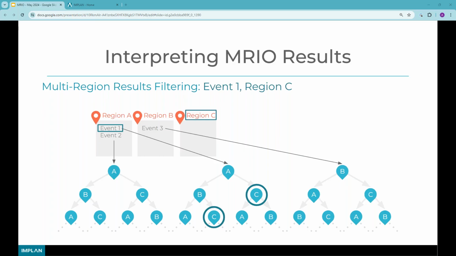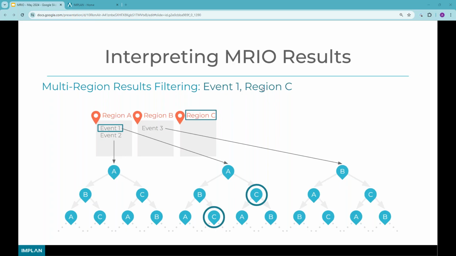Now, if we wanted to isolate out our results for region C, we would need to apply our region filter. In this case, our region filter would be applied for region C. If we wanted to further isolate our results and just see the impact from that one event on region C, we would also have to apply an event filter.